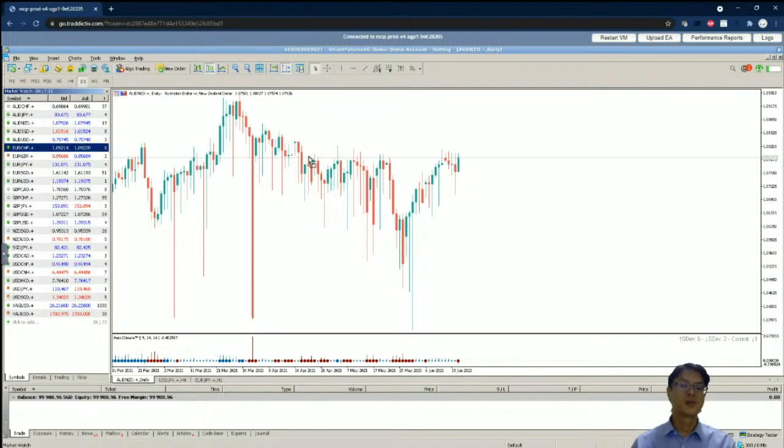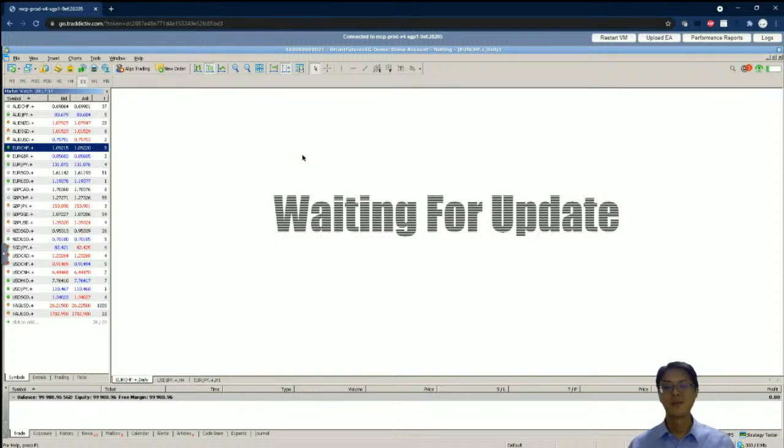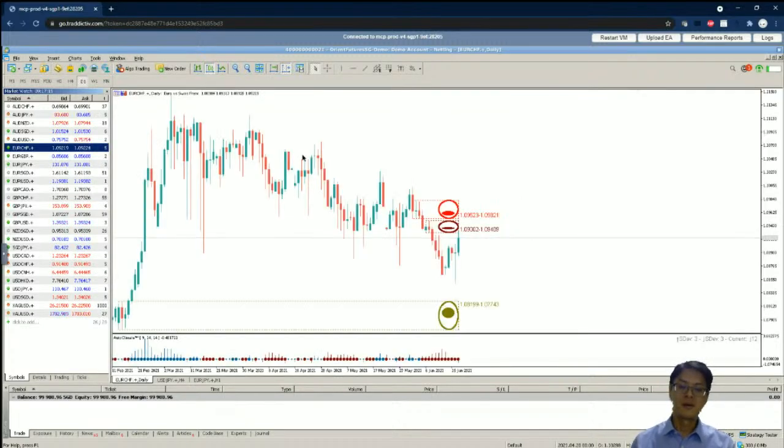Look at EURUSD. If you notice, because the Swiss has been quite strong of late, all the Swiss pairs have been kind of angled down in this way.